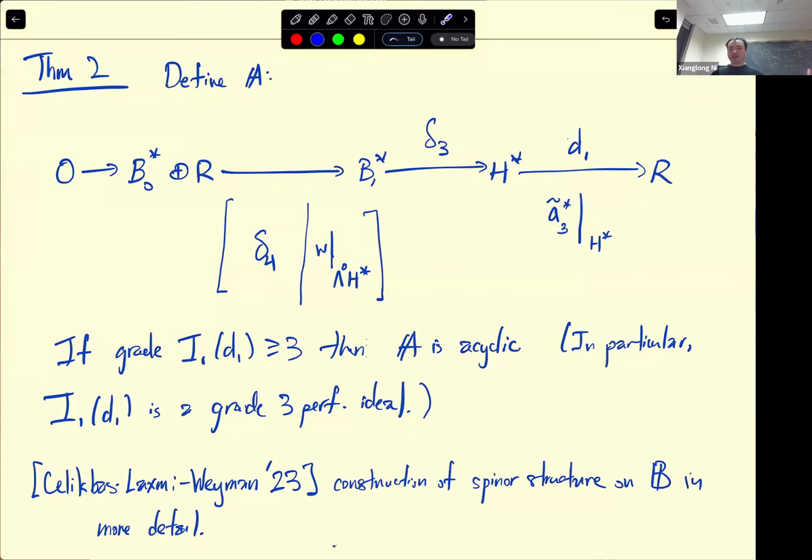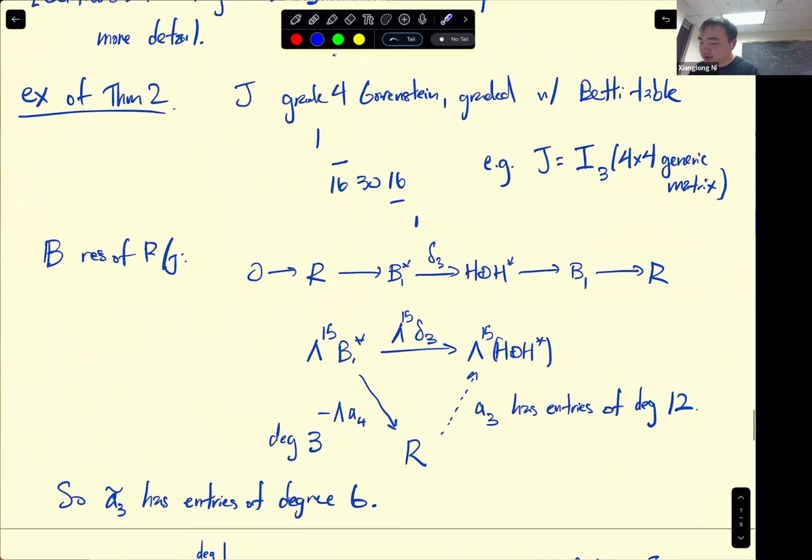So the question is, can you, for an appropriate choice of H and H dual, actually make it so that this has grade 3? And the answer is you can, as long as, let's say, R is local, Noetherian, and has infinite residue field.